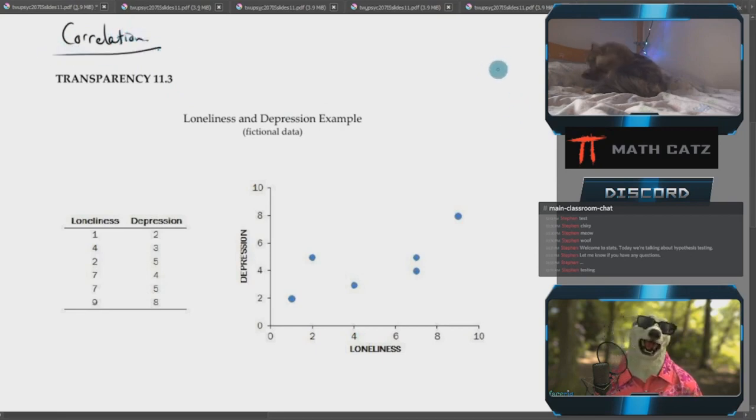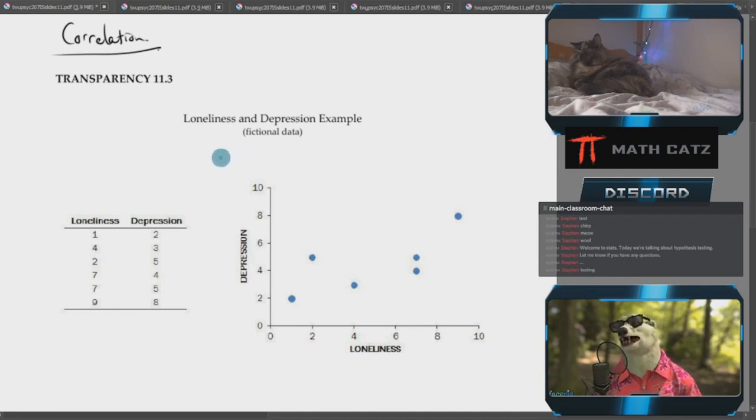It's essentially an investigation into whether two variables or quantities or factors are related to one another somehow. So a first example is investigating whether loneliness and depression are connected in this fictional example.